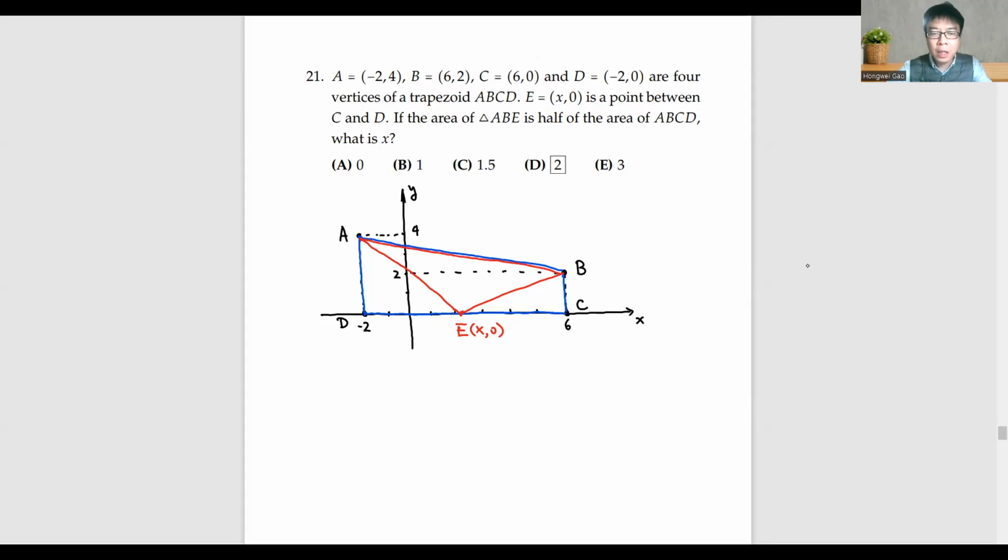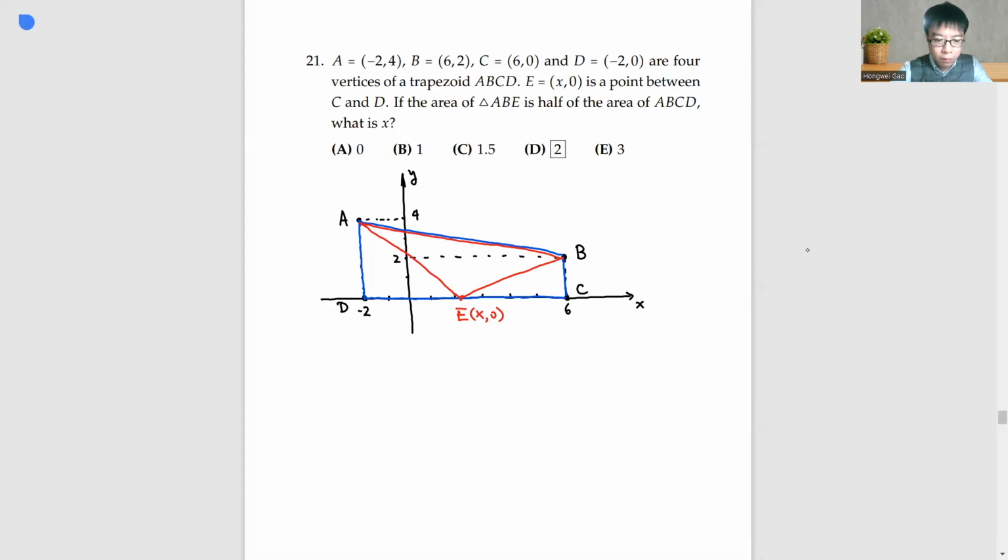Now let's find the total area first, because we know all 4 vertices of the trapezoid. For the trapezoid ABCD, let me use brackets to mean the area. It equals 1/2 times the top base here, which is 2, plus the bottom base, which is 4, times the height, which is equal to 8.